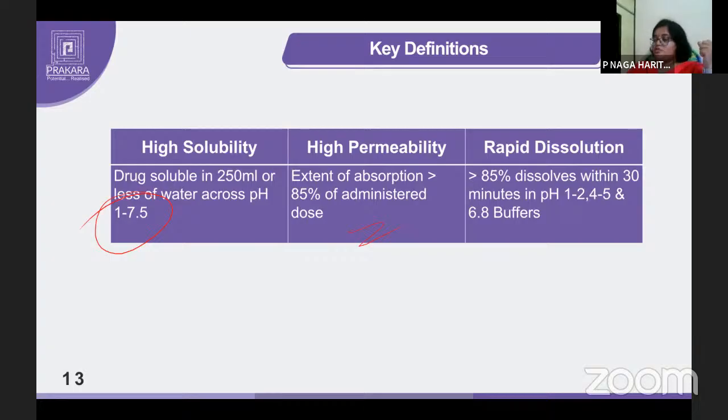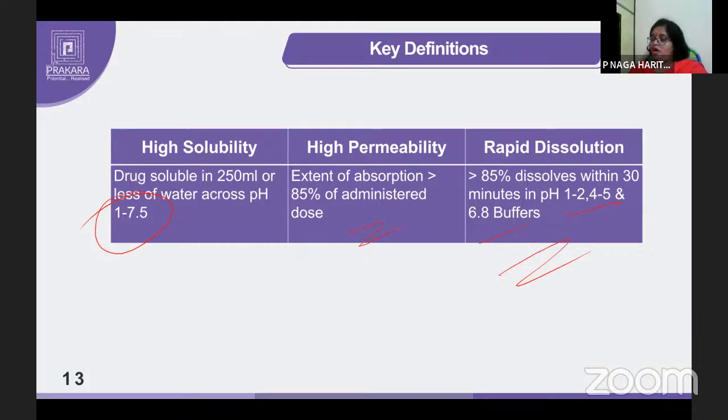And also coming to rapid dissolution: a drug demonstrates rapid dissolution if 85% or more of the drug dissolves within 30 minutes in pH buffers of 1.2, 4.5 as well as 6.8. In this way, you can define various definitions like high solubility, high permeability, and rapid dissolution.